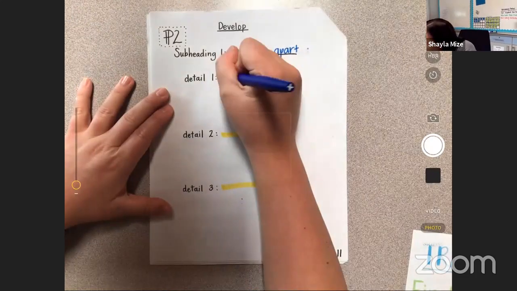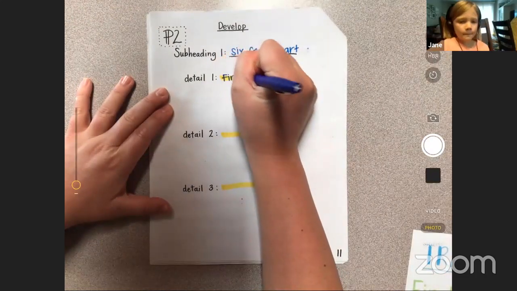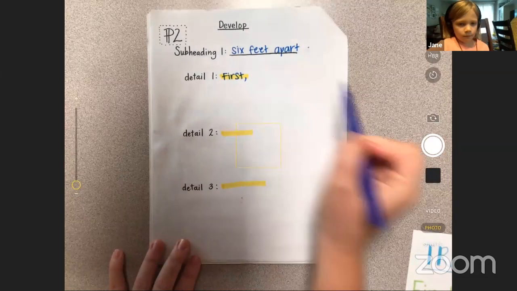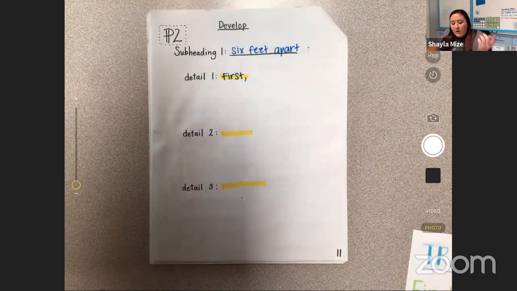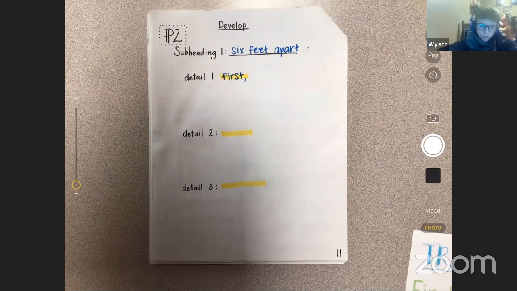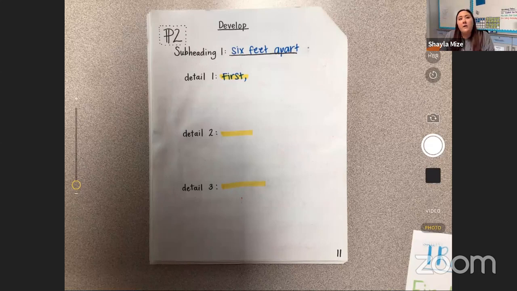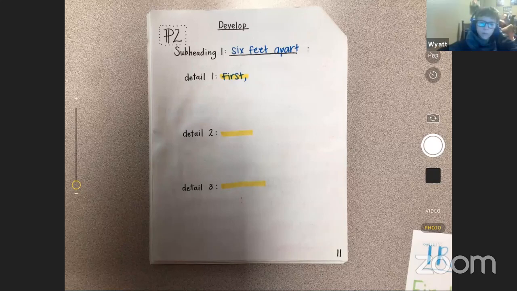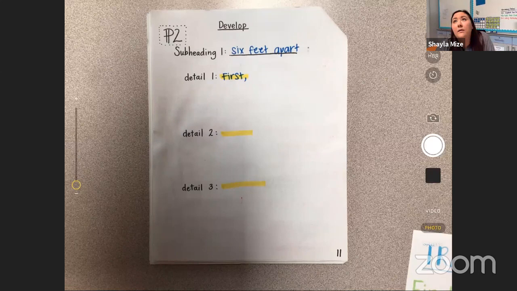So I'm going to write comma, and then I'm going to write my sentence. My details for being 6 feet apart, I have to come up with details, and you need a total of 3 details. What are some details of how Miss Mize could be 6 feet apart at Star Academy?